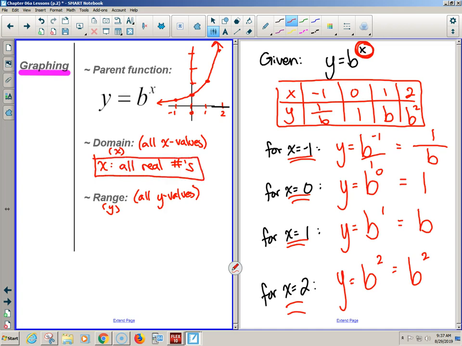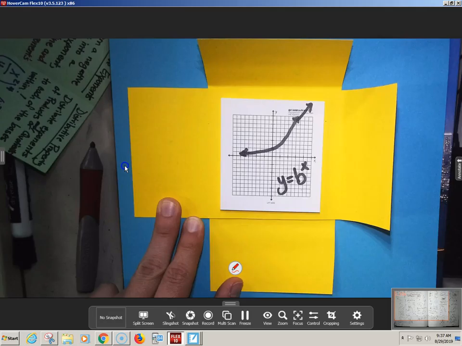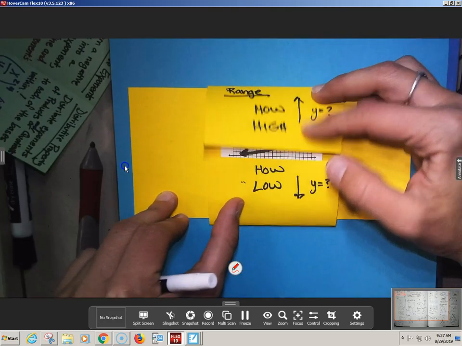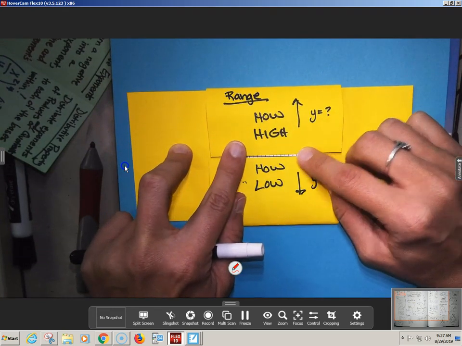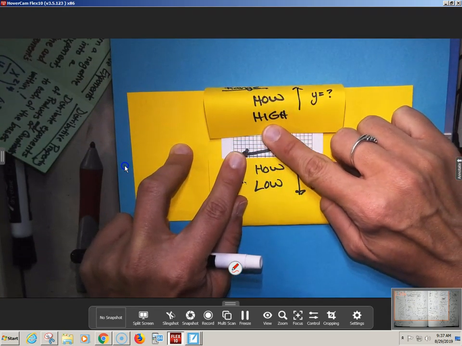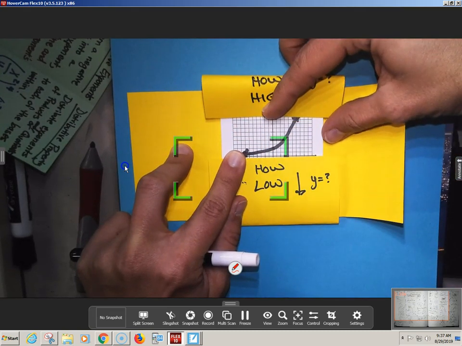But you guys be thinking ahead to the range. Can you be thinking to the range? Some of you guys are already thinking about the swoop, trying to figure out what question we're going to be asking for range. So range, okay, hold on. Let me get my range. We're asking ourselves the question, how high to how low? What do you notice about how high this guy is going to go as we keep following the swoop up?